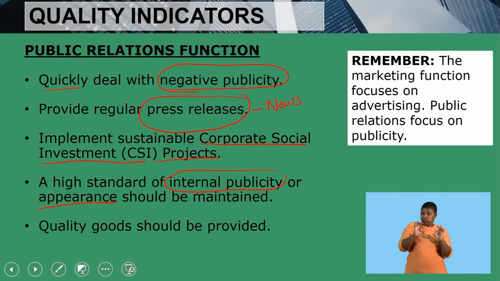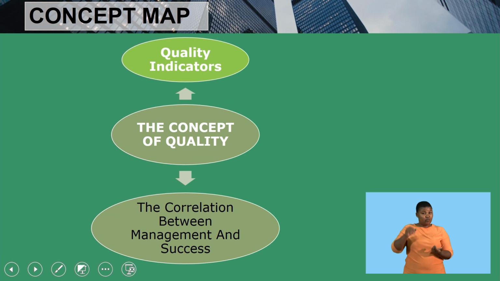So it is public relations' responsibility to help us maintain a positive internal publicity. And then, of course, they will help us to provide quality products, so they will make sure that the customers are happy. Again, everything that happens here is to protect our image at the end of the day. That is our quality indicators of the general management function and the public relations function.